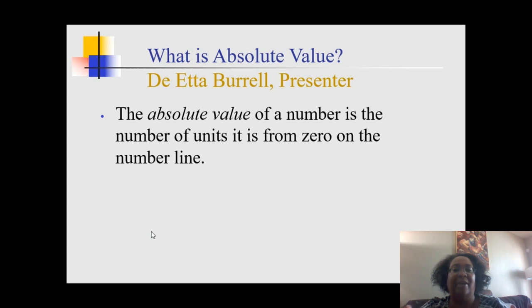So if you have a number line, and let's say you have the number -8, if you go from 0 to -8, you're basically moving 8 spaces to the left. If you are going to pinpoint on the number line the number +8, it's also 8 spaces from 0. So what you need to think about is absolute value means how far from 0.